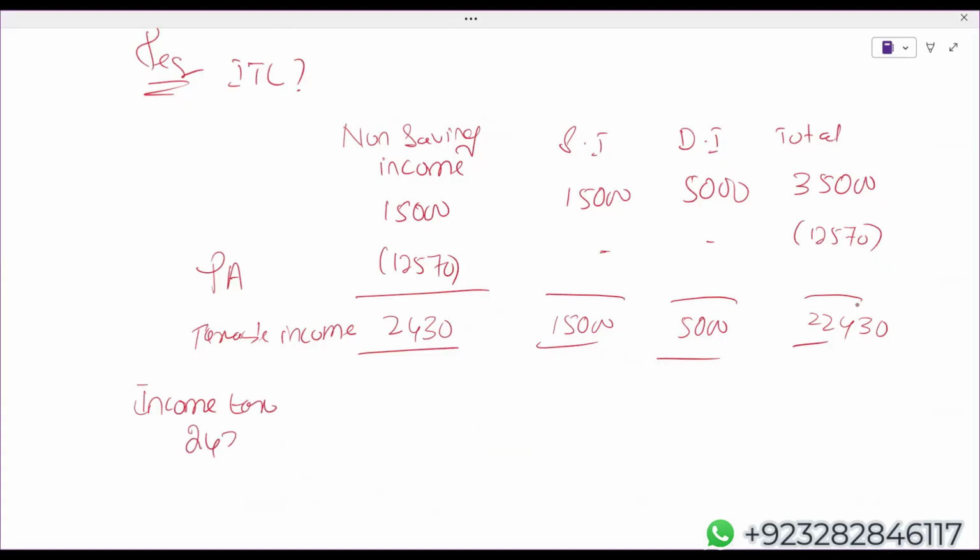Definitely 2,430 falls in the basic rate band. Applicable rate is 20%. Non-saving income: 486.